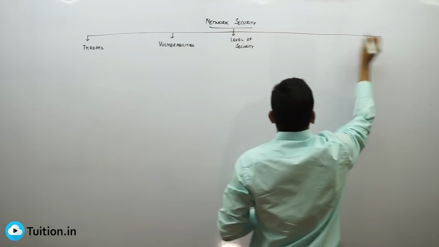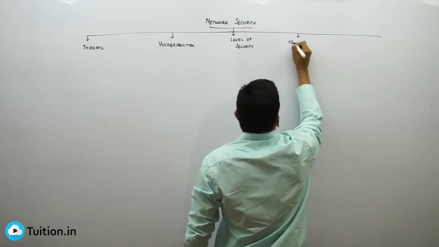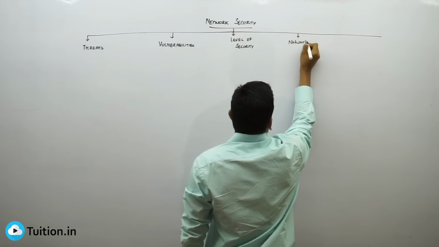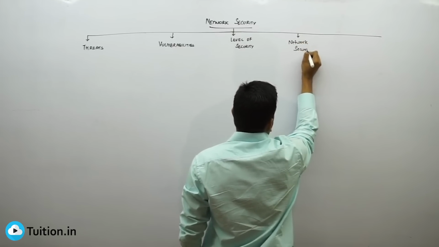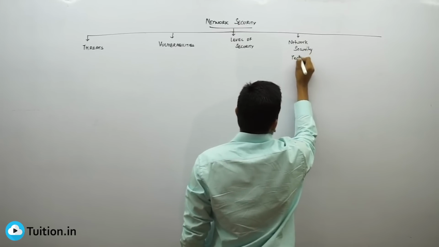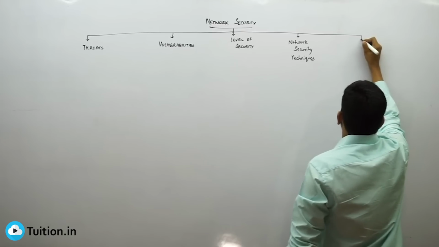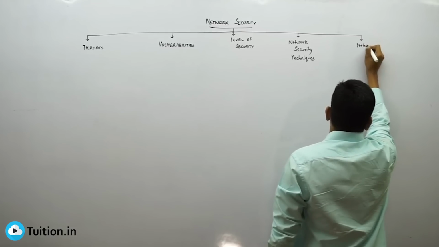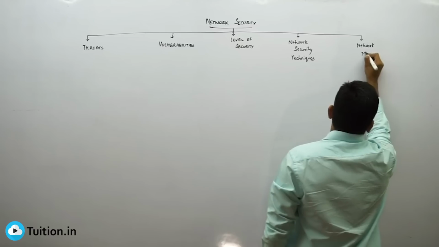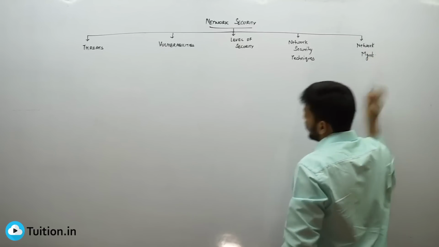And then we will talk about network security techniques. And lastly, we will be talking about network management. 4 functions are there. We will see who will do what in that, right?